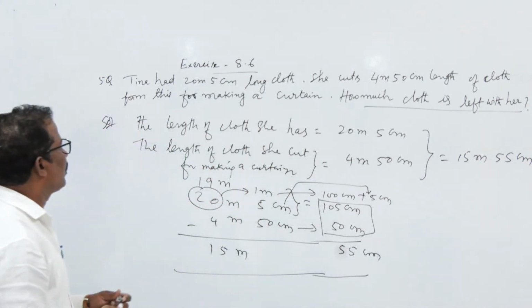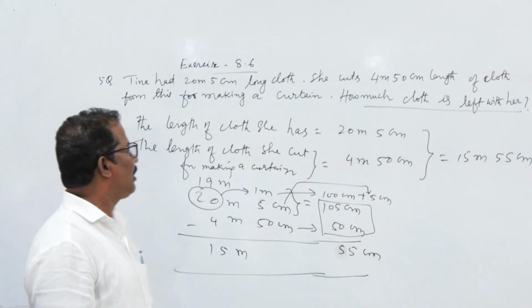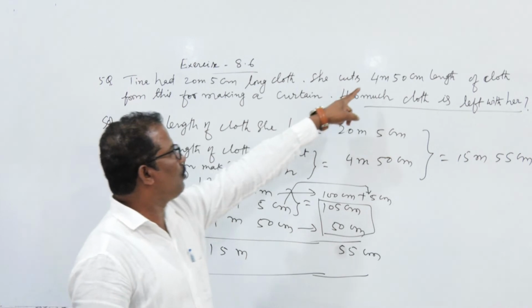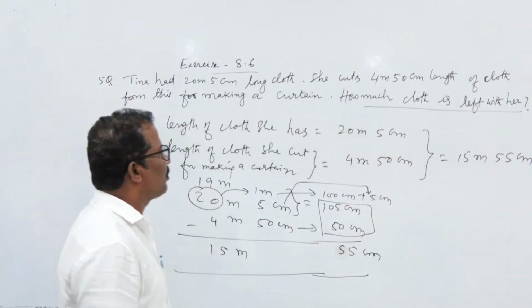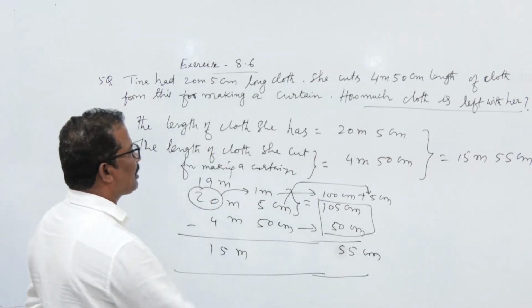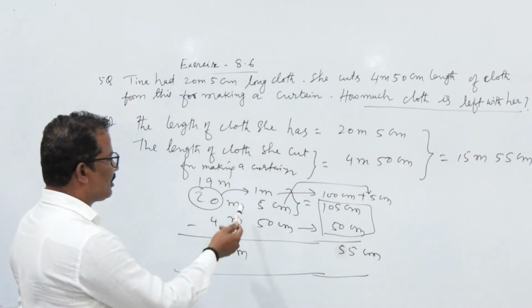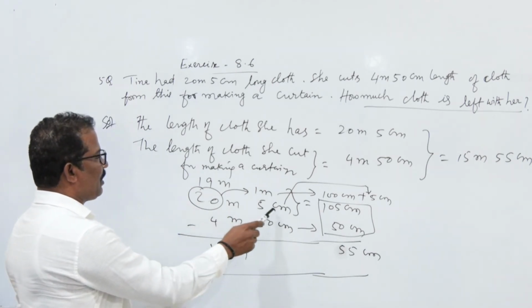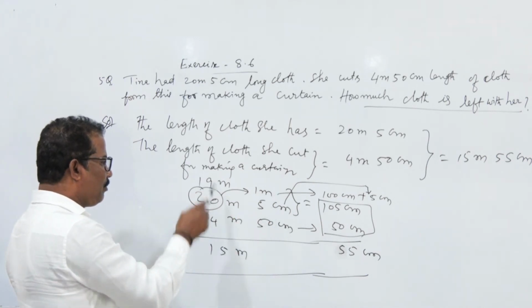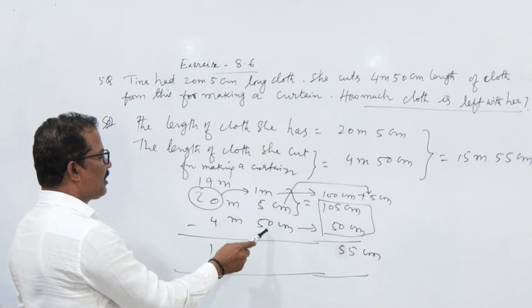Once again you see, the length of the cloth she had earlier, how much? 20 meter 5 centimeter, and the length of the cloth she cut for making a curtain is how much? That is 4 meter 50 centimeter. The question is how much cloth is left with her? For that we have to subtract this length from this 20 meter 5 centimeter. There are two different units, centimeter and meter, and we know that from 5 centimeter it is not possible to subtract this 50 centimeter.